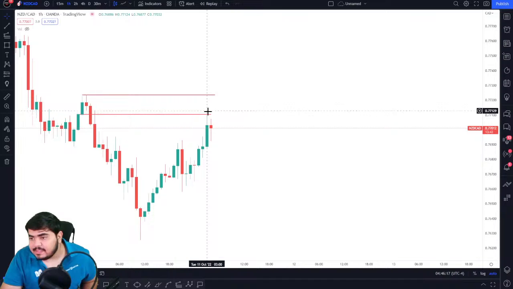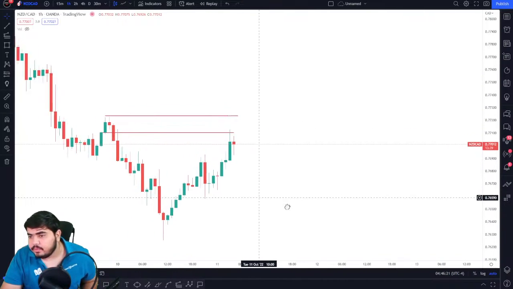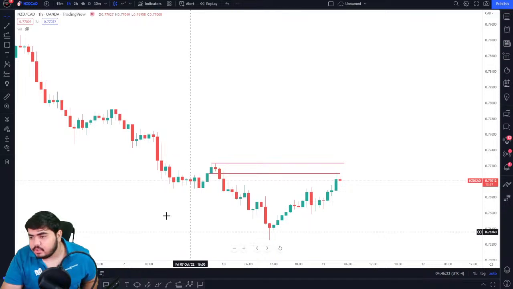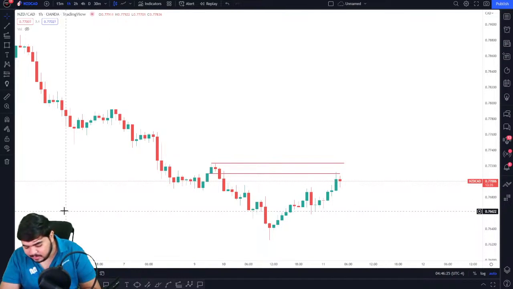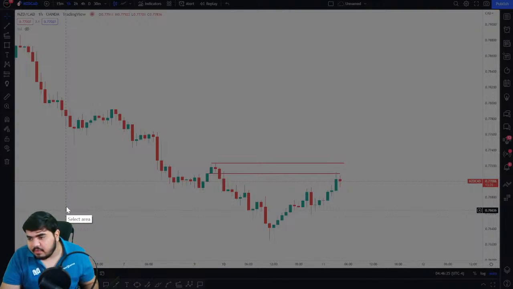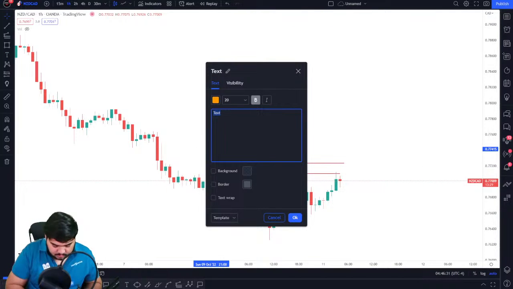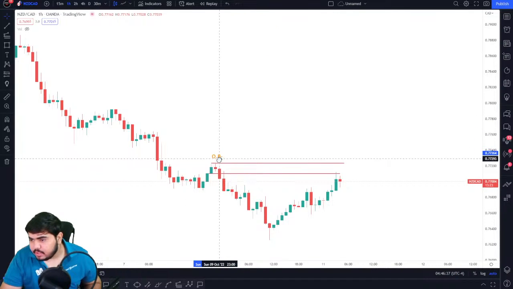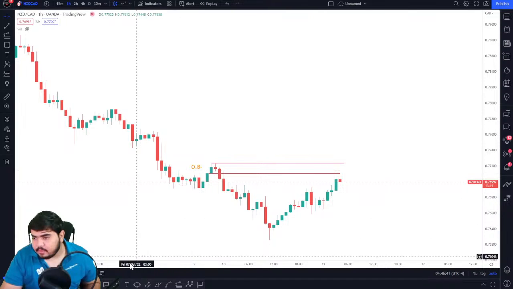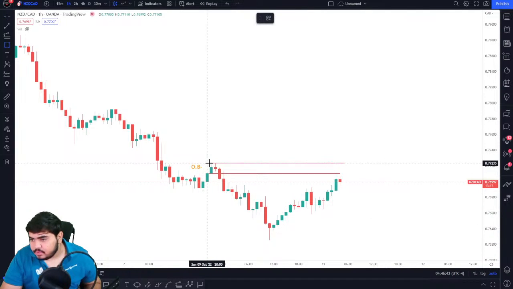When the market tests this order block, we expect a continuation toward the downside. So keeping this in mind, let me write it here as well: this is a bearish order block right here. We have this bearish order block, and we have this strong area of resistance as well.